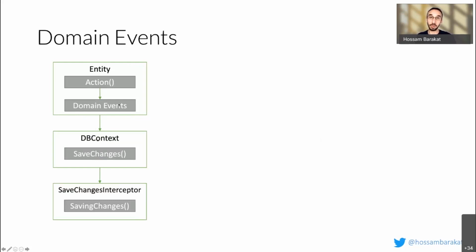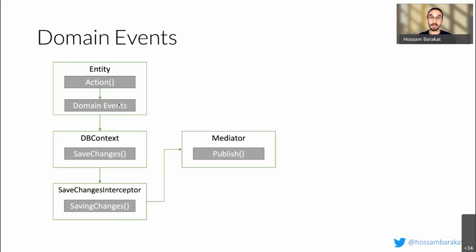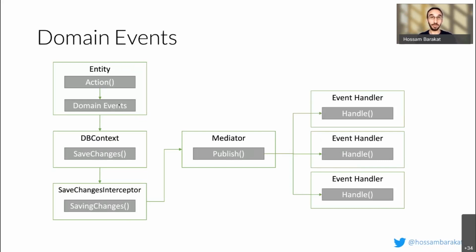We'll loop over those entities, and we will be using the Mediator library to publish those domain events. The Publish method from Mediator enables us to have that pub/sub mechanism, and it means I could have handlers listening to that domain event and processing the logic required for that domain event.